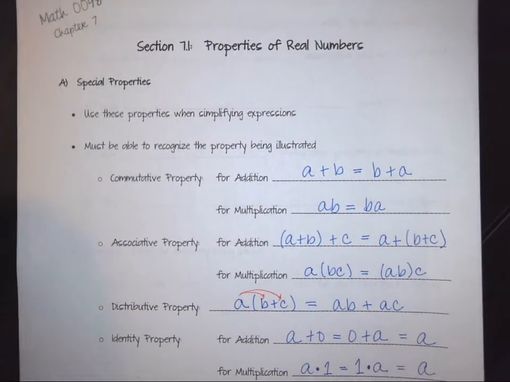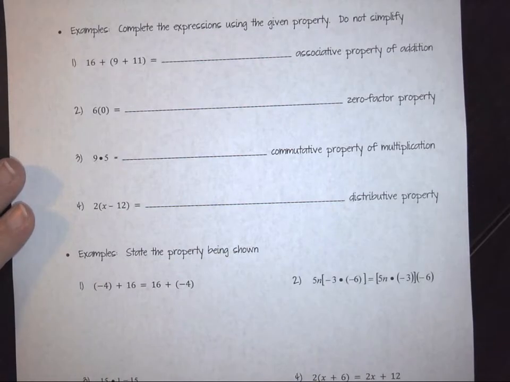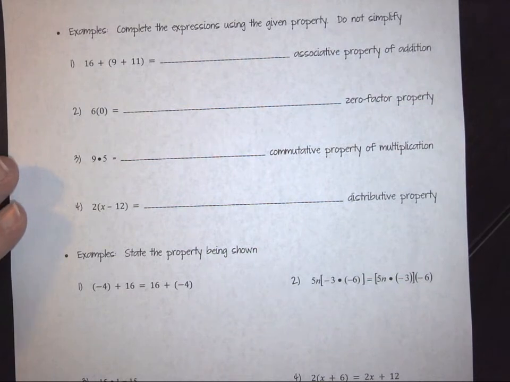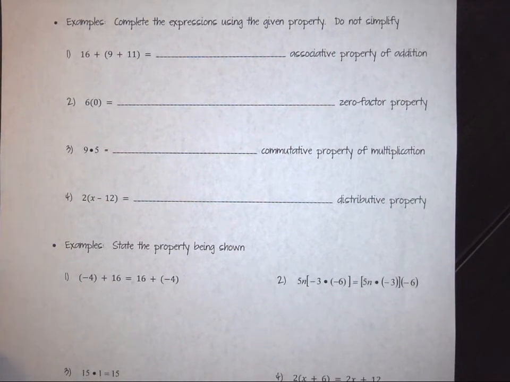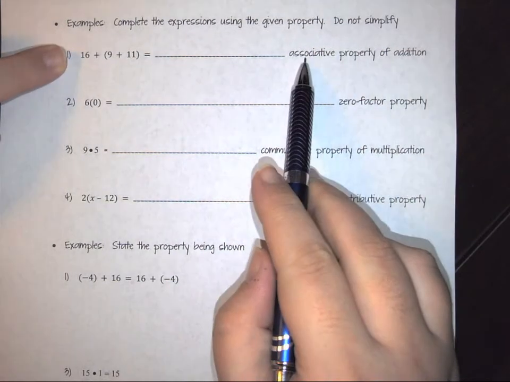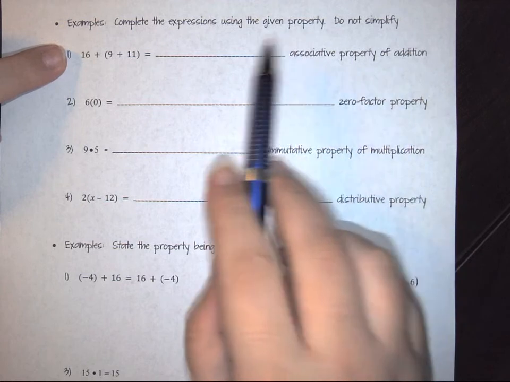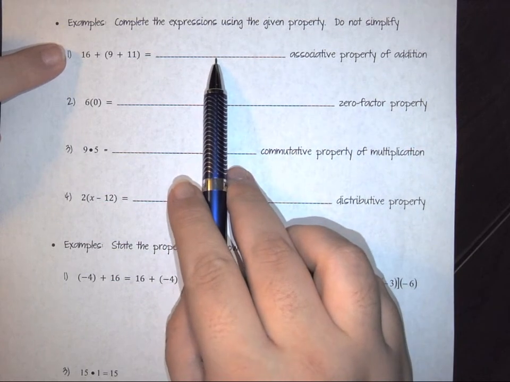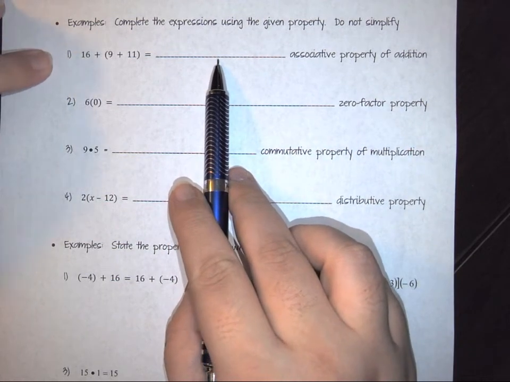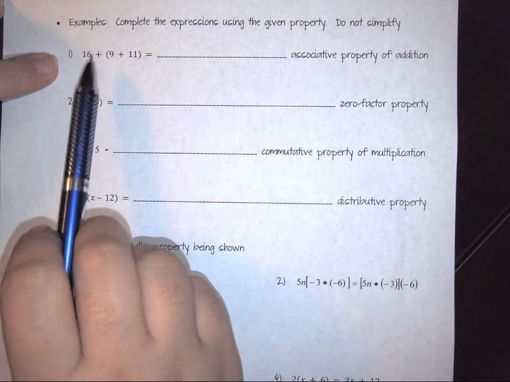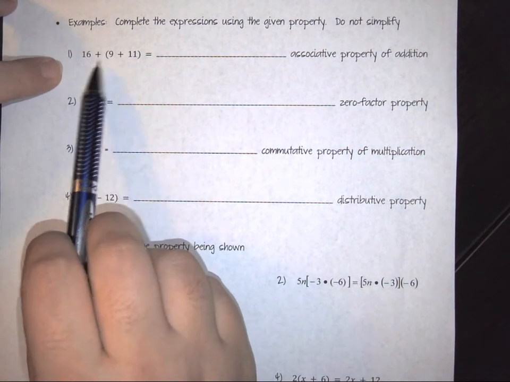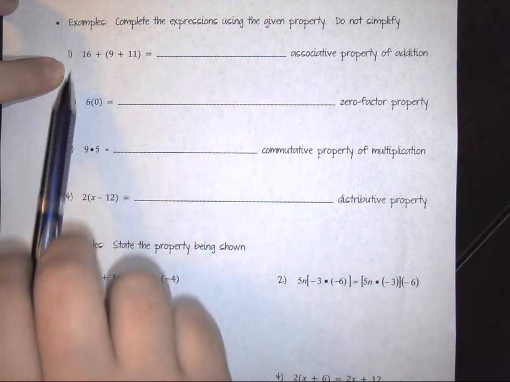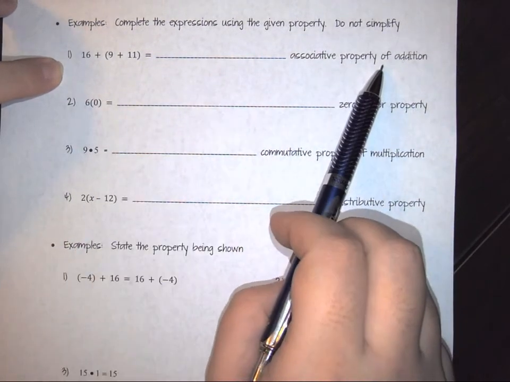One thing that a lot of students seem to struggle with is being able to take an equation and use a property definition in order to state what the property would look like. So for example, I have 16 plus 9 plus 11, and here all I want to do is complete the mathematical sentence using the given property.